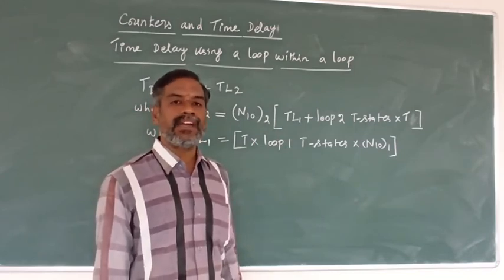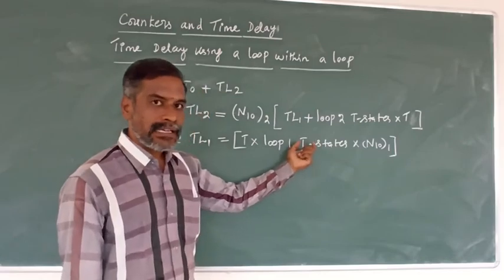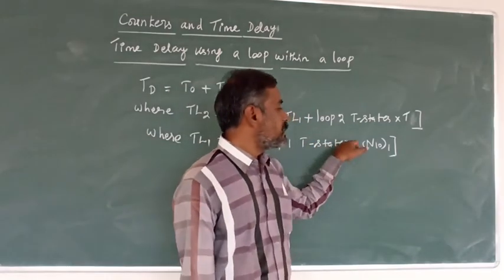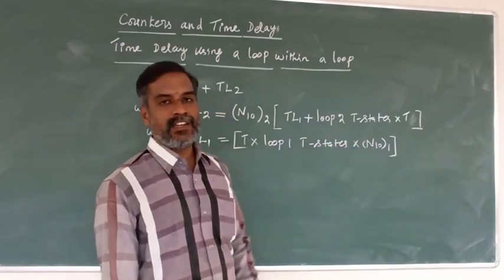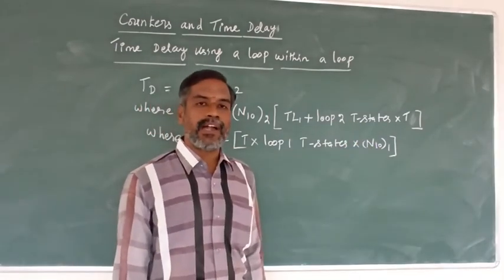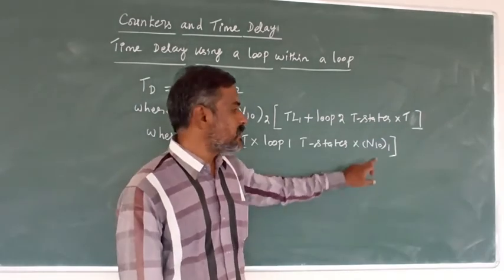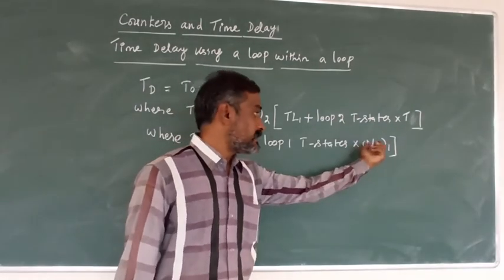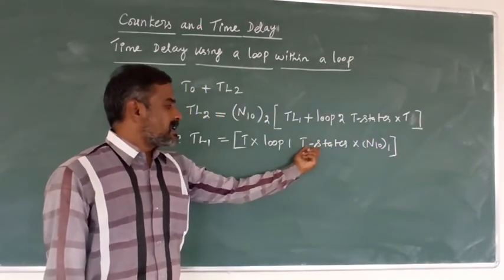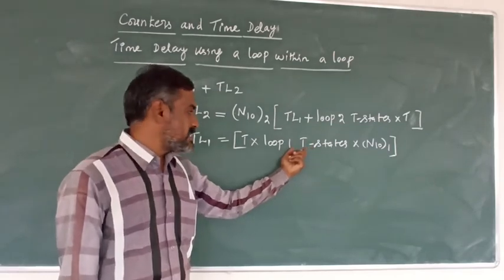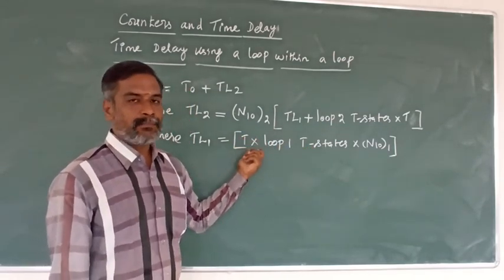Into loop 1 decimal value: the given loop 1 count value in hexadecimal is converted into decimal, multiplied with the loop 1 T states and the time period.